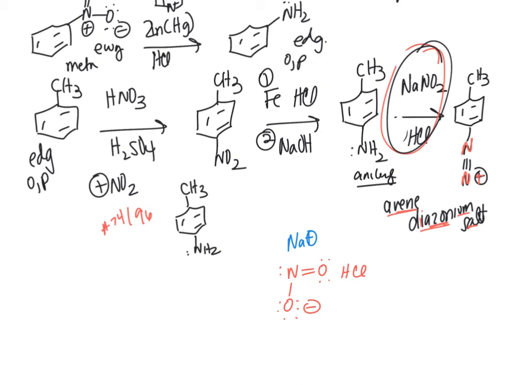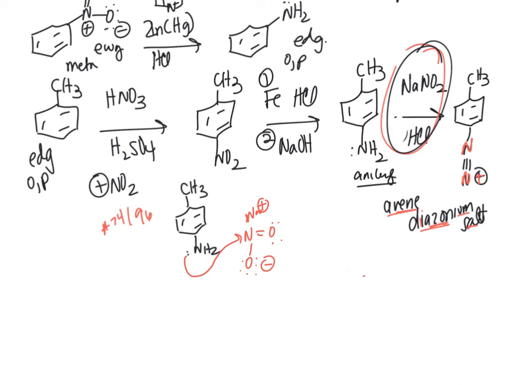What's going to happen here is, well, your slides aren't very clear, so I'm going to show you the mechanism that I would do with this. Okay, so here we have the sodium nitrite. Sodium plus, and this is your minus. Here you have your lone pair, and it's going to attack there, and this is how you get your extra nitrogen on there.